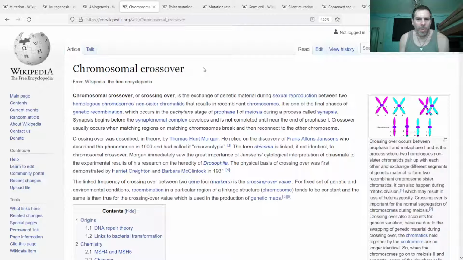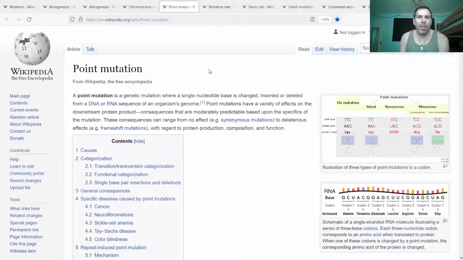I'm pretty sure that's still considered a mutation, even though it's an intentional, evolved process of swapping large sections of chromosomes around. I think what most people think of as a mutation are point mutations. They're just single nucleotide changes to something else, a single nucleotide polymorphism.